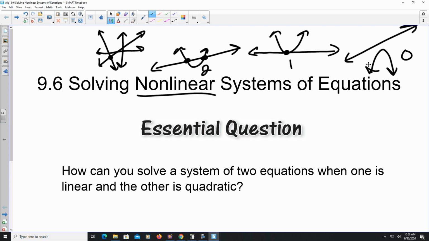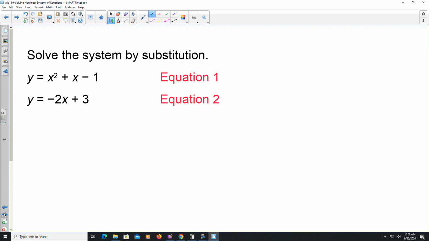All right. So there are different ways that we can go about solving this. One of them is graphing, but we're not going to concentrate on graphing this. We're going to concentrate on the two different scenarios where you're looking at substitution and elimination. So if we were to look at the substitution method for solving this system, what we have is y's set by themselves.